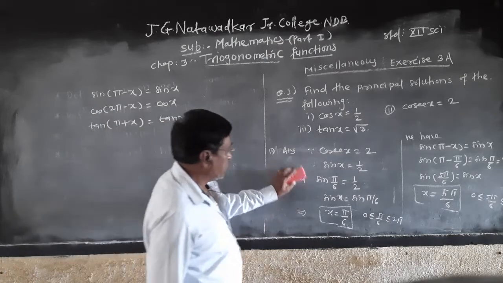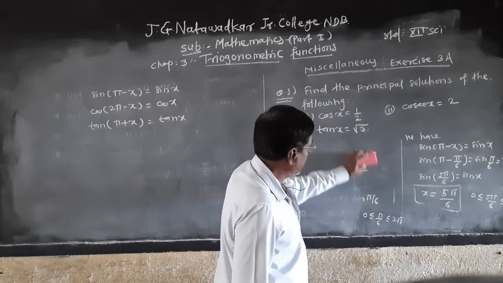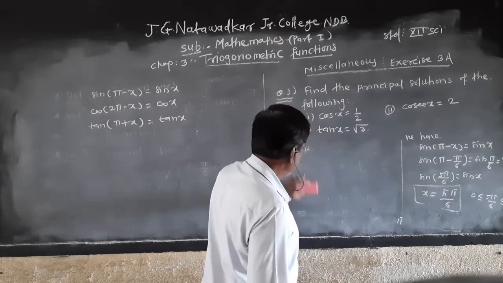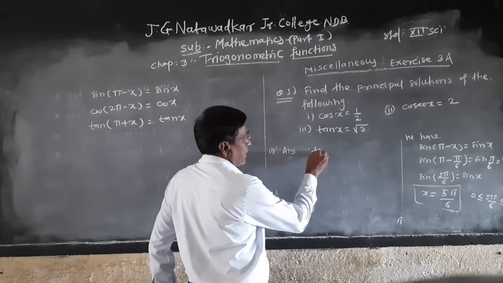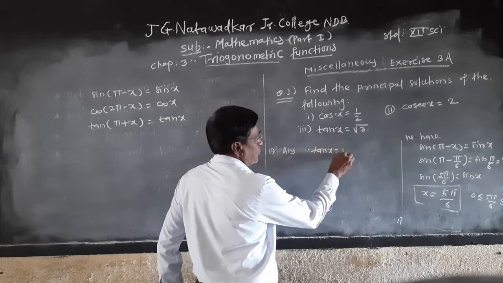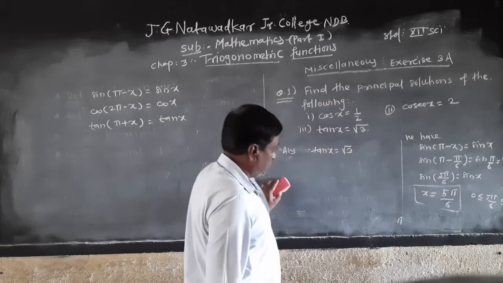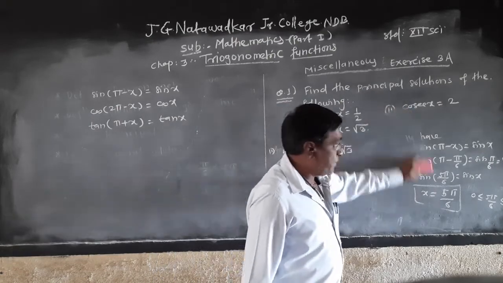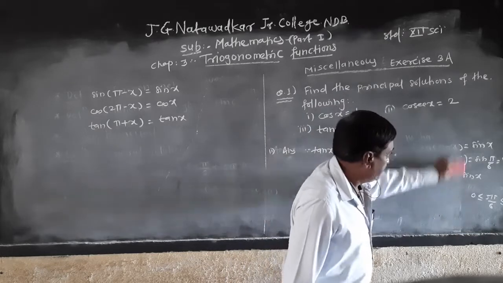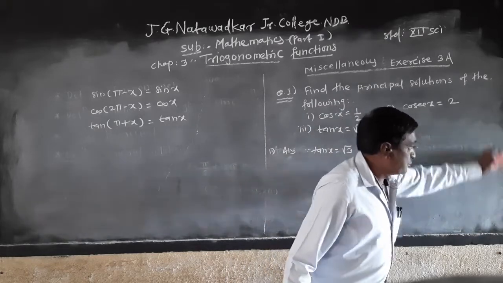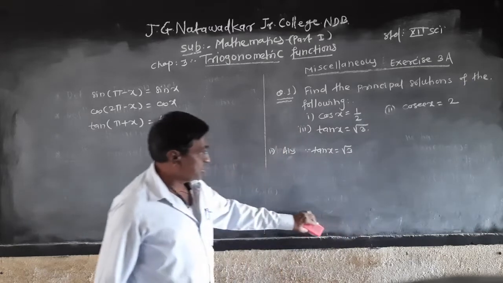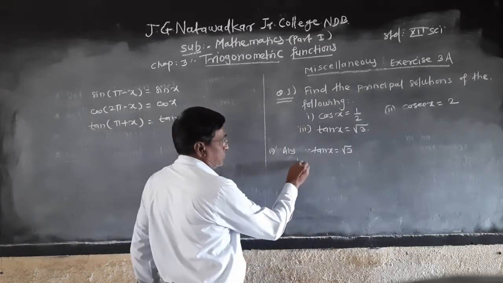So you have to give what here. Third equation, that is tan x is equal to root 3. You know, students, root 3 is the value of the tan ratio at which degree? It is of 60 degrees, which you write here.